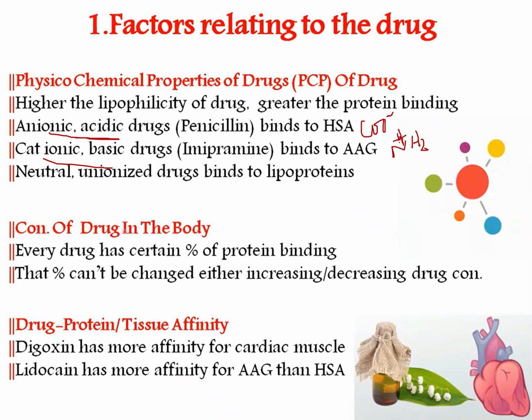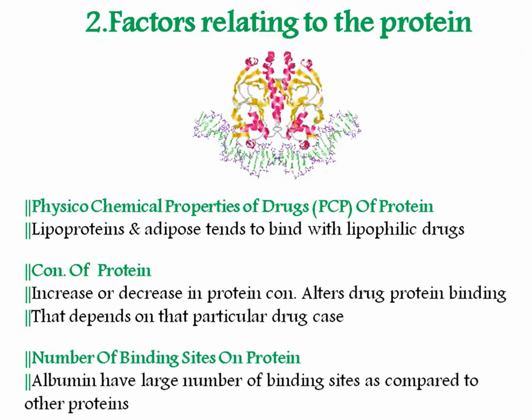Then concentration of the drug in the body: increasing the concentration of the drug will ultimately increase the protein binding, but this should not be too high because our protein is also limited. Then drug protein or tissue affinity: digoxin has more affinity for cardiac muscle. Lidocaine has more affinity for alpha acid glycoprotein than human serum albumin.